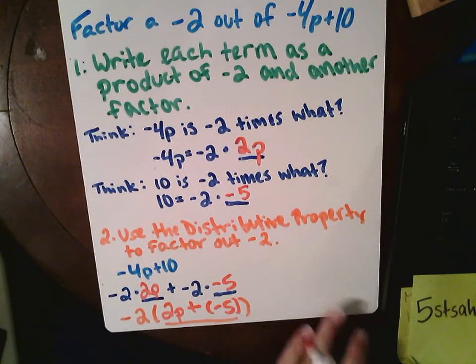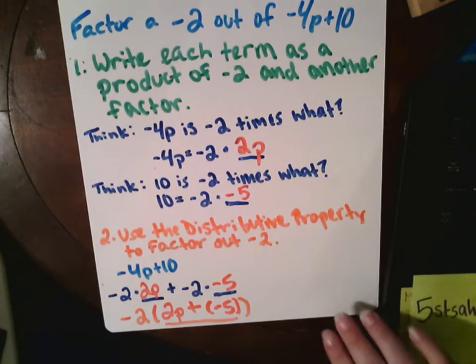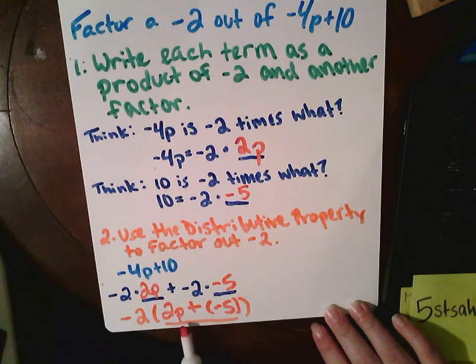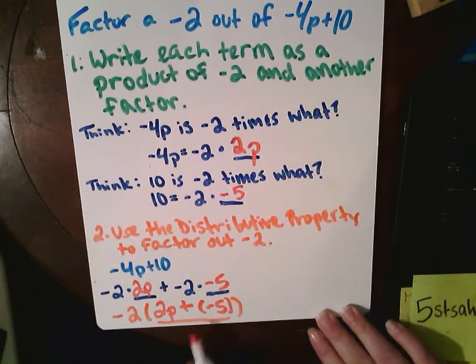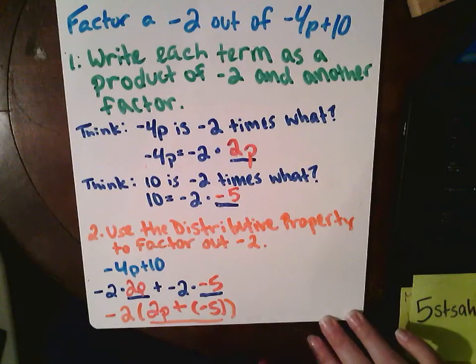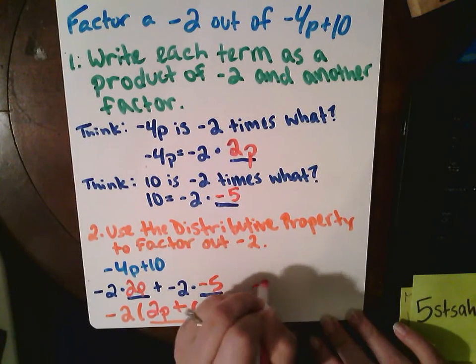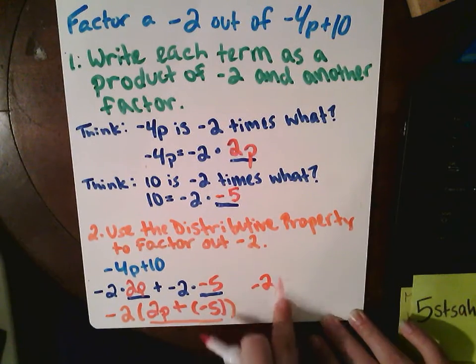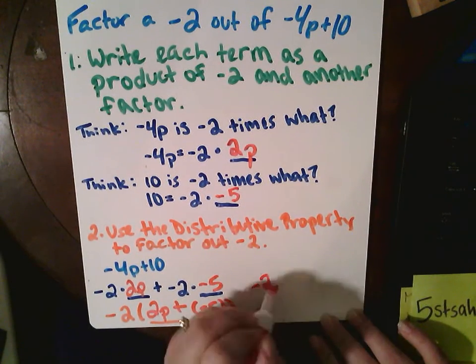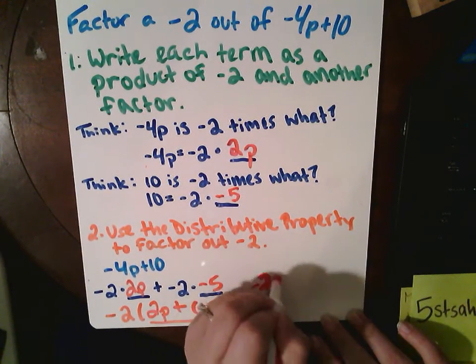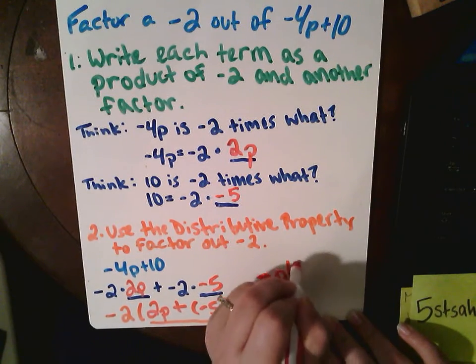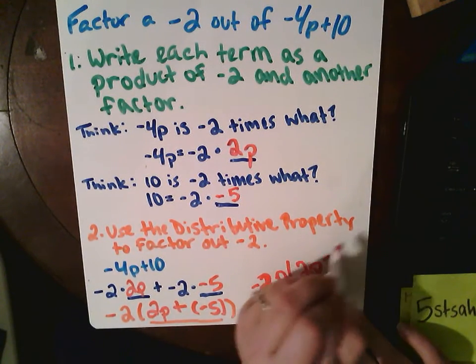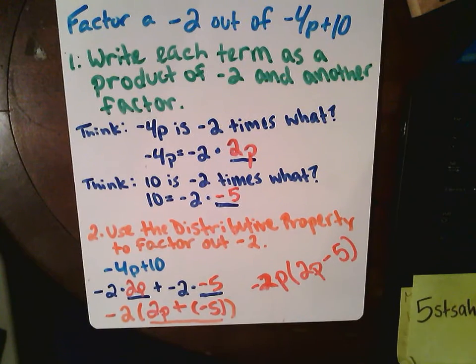The only thing that we can do to simplify this even more is to say that 2p plus a -5 is the same thing as 2p minus 5, because plus a negative is just subtraction. So -2, oops, I forgot my p. -2 times 2p minus 5 would be my answer.